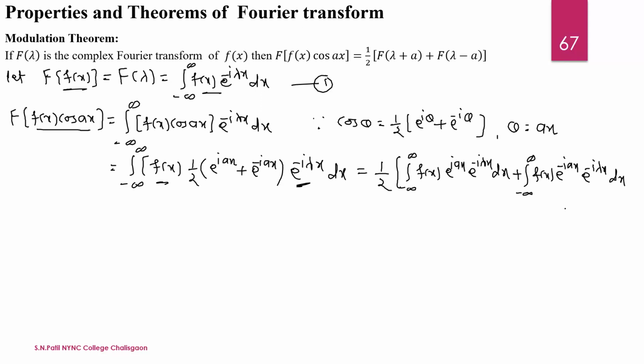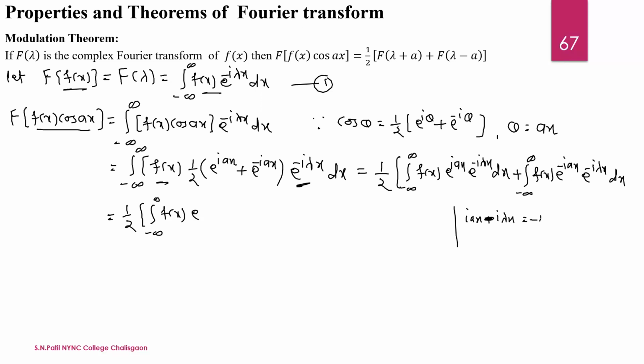Now it is equal to 1 by 2 in bracket, integral from minus infinity to plus infinity f of x e to the power. Now see, we combine the power terms. In the first term, I ax plus, base is same, addition of the power, minus I lambda x.